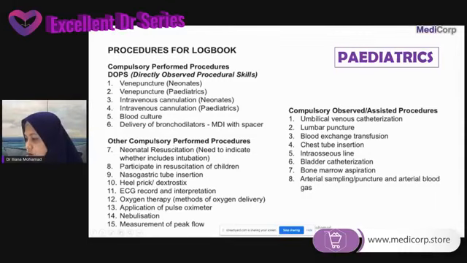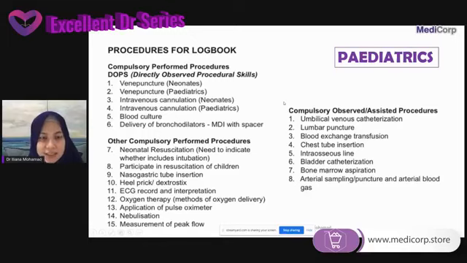Okay, ada compulsory perform procedure which you need to know within the 4 months of posting, which is your NRP, and again rice tube, number 9. Okay, heel prick or dextrostick, ECG record and interpretation, oxygen therapy, nebulization, and more.